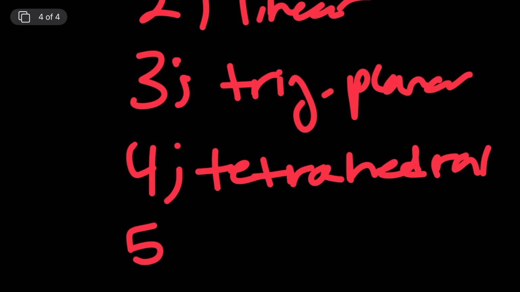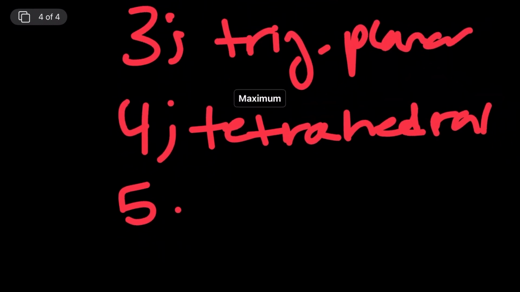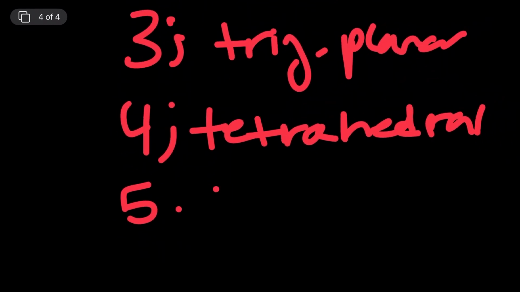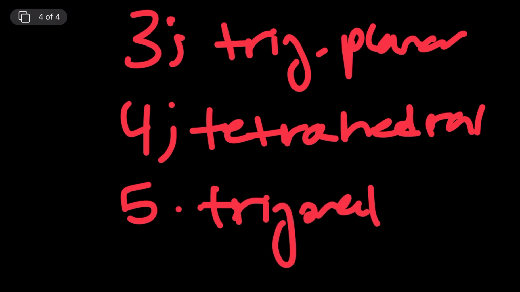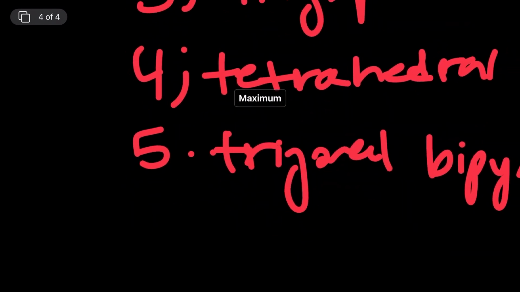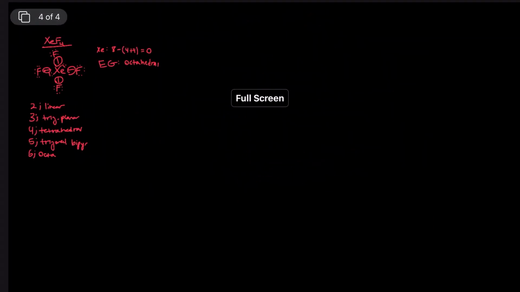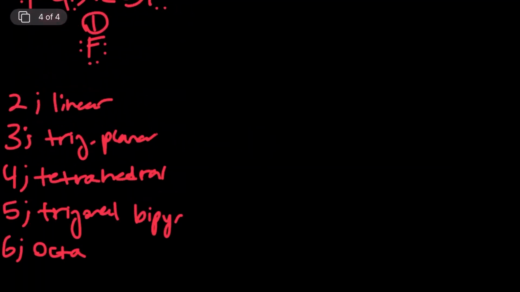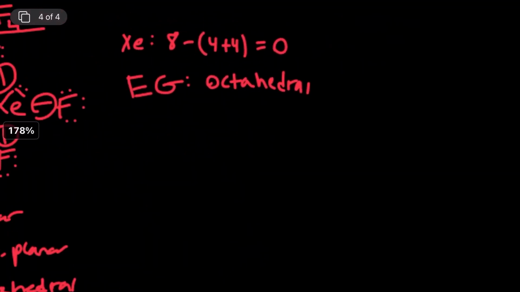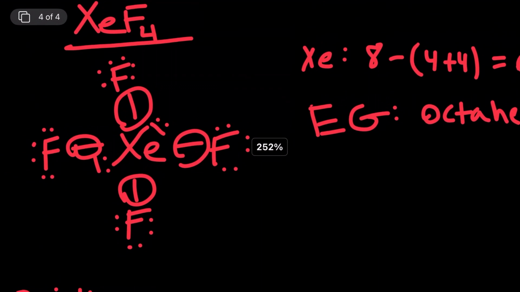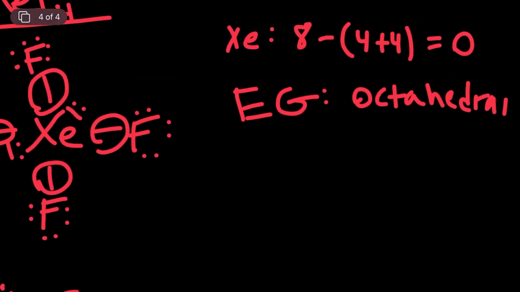When we have 5, it's going to be trigonal bipyramidal. When we have 6, it's going to be octahedral. So with this list, you can find the electron geometries. So in this case, xenon tetrafluoride's electron geometry is octahedral.